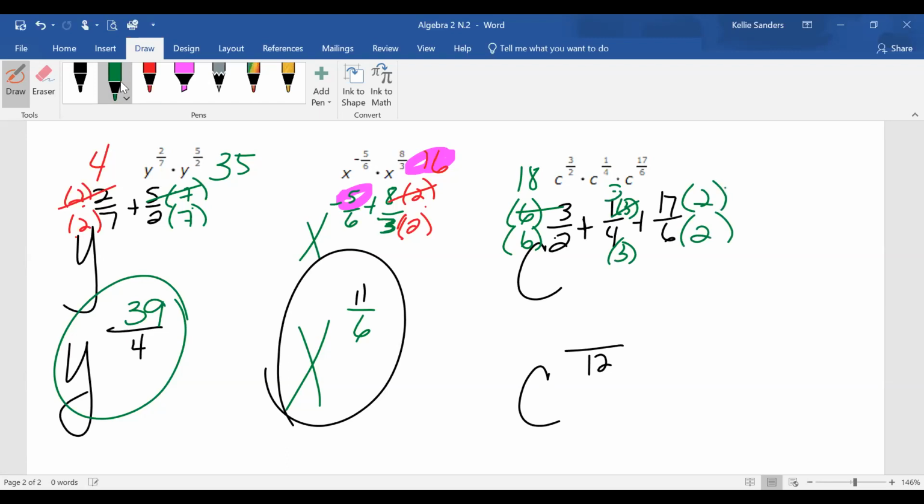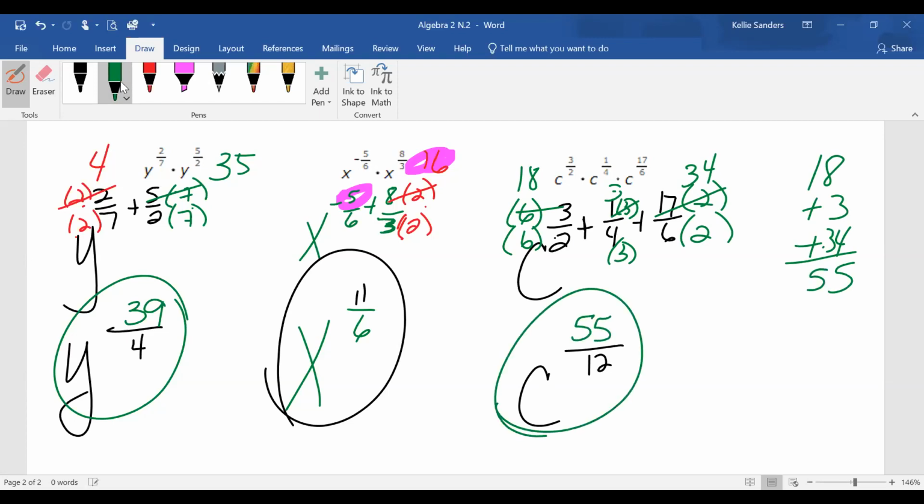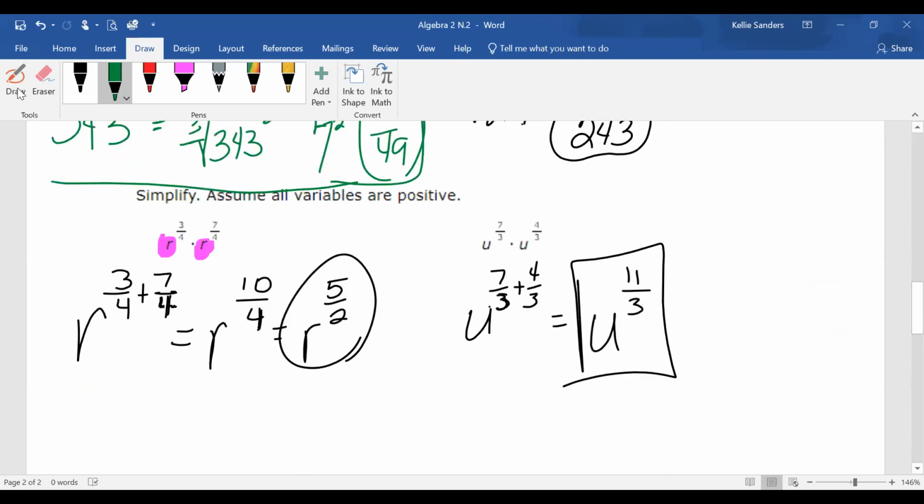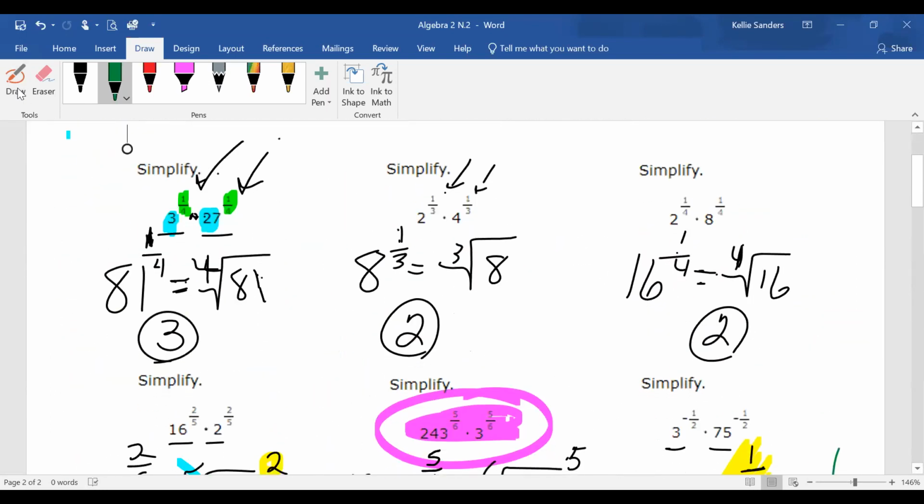So you multiply the top by 2 and get 34. 18 plus 3 plus 34 is 55. 55 over 12, that does not reduce. Okay, so that's how you would do it.